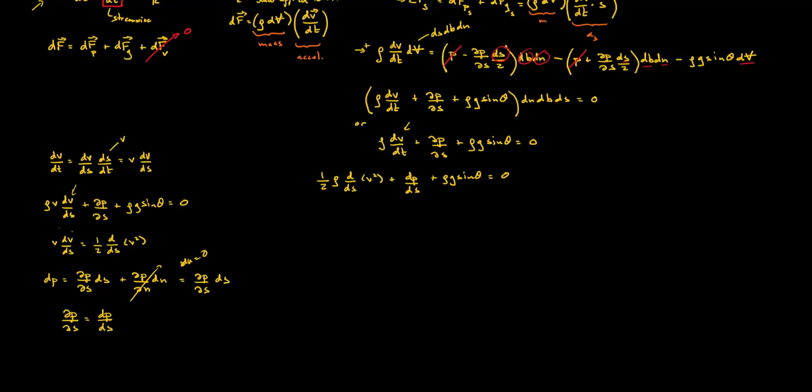So what we can do now is integrate along the streamline. We are integrating ds along the streamline, and the right hand side will be 0 ds.